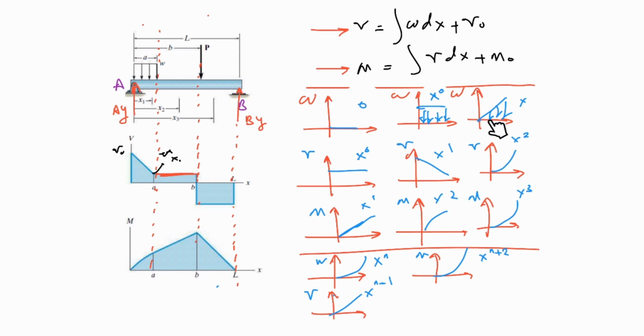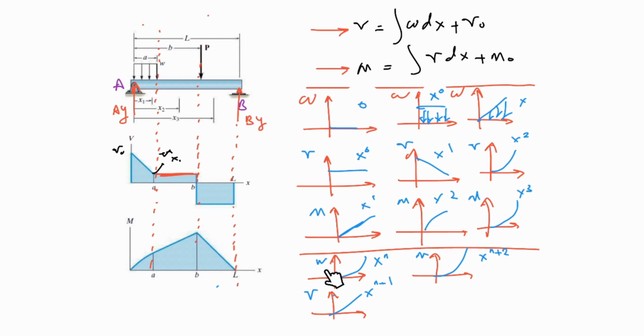And if we have a line for W, the distributed load, what we would have for V is a parabola function, and what we would have for M is a cubic function.